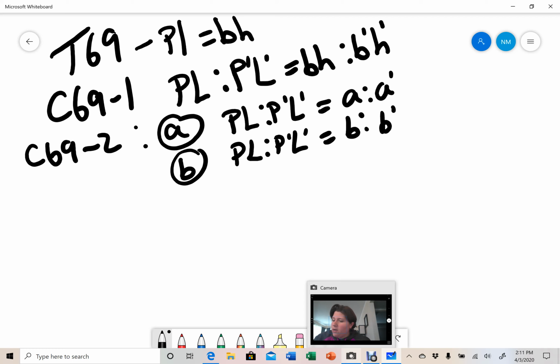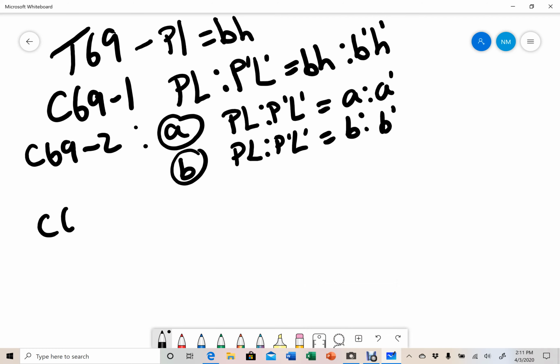Two parallelograms having equal bases and equal altitudes are equal. So basically if I can prove that their bases are equal and their altitudes are equal, then I will know that the two are equal. So corollary 69-3.